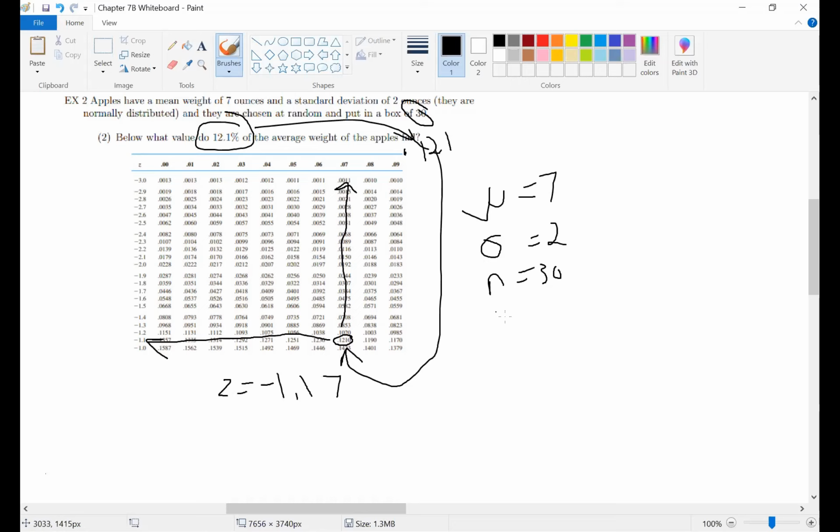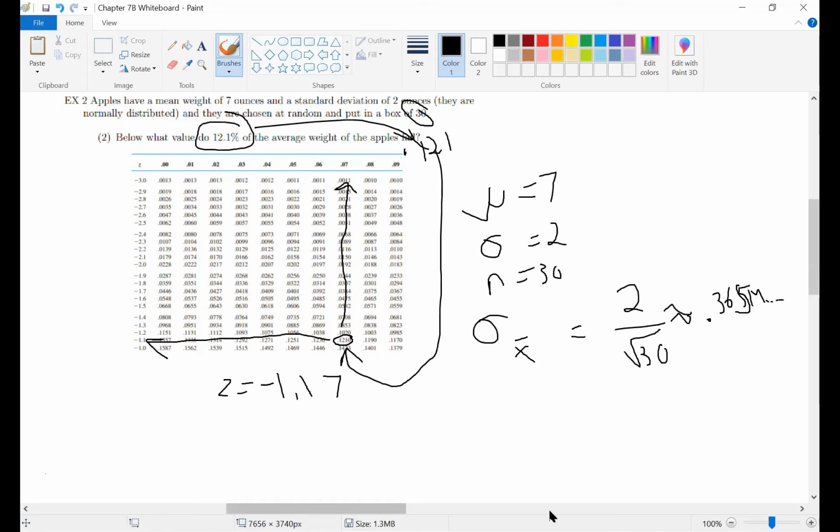So using our formula, the standard deviation of our weights is our 2 over the square root of 30, which if we put that into the calculator is about 0.36514, and so on.